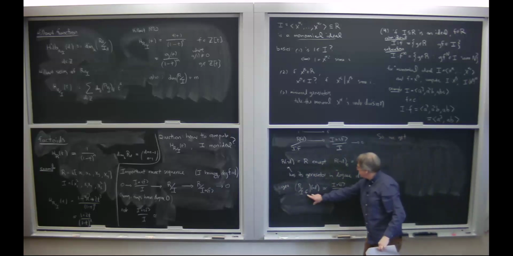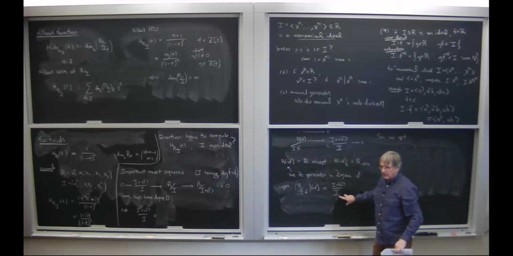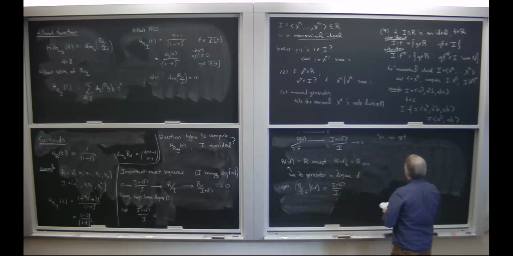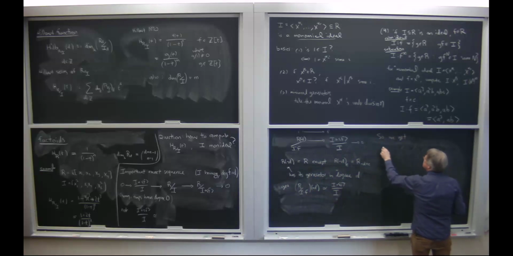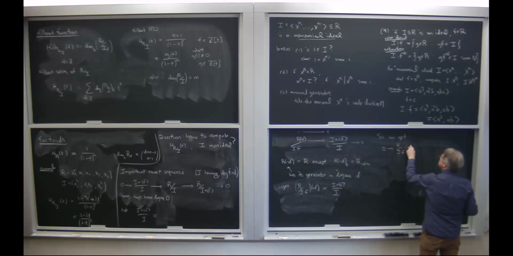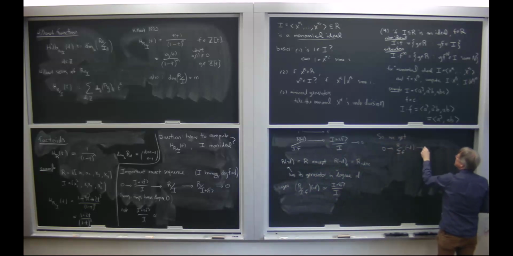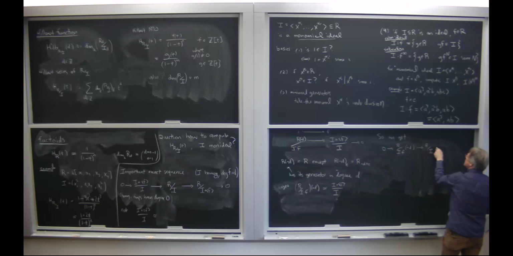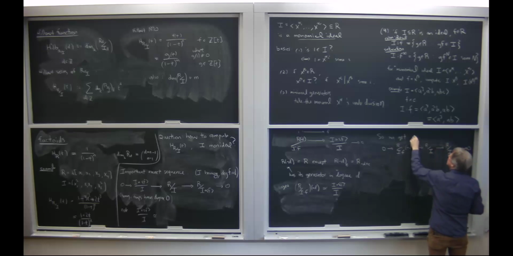And the degree E part and the degree E part here are isomorphic to each other. So what we get is the following thing. We get 0 maps to R mod I colon F minus D, mapping to R mod I, mapping to R mod I plus F. And this is an exact sequence.